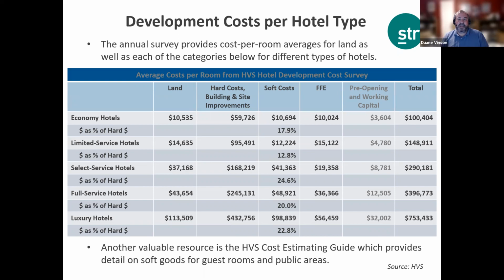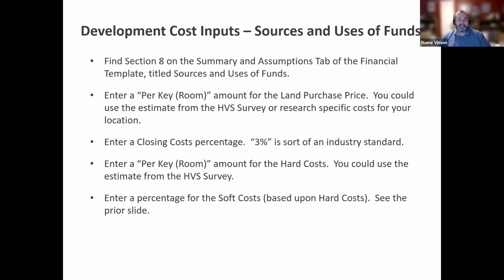One thing we didn't talk about is pre-opening and working capital, but all that goes in together to get our total average cost per key or per room. So that's a good guide, at least something to work off of. If you do not have any detail on a particular type of hotel, that is certainly good information to use right there.